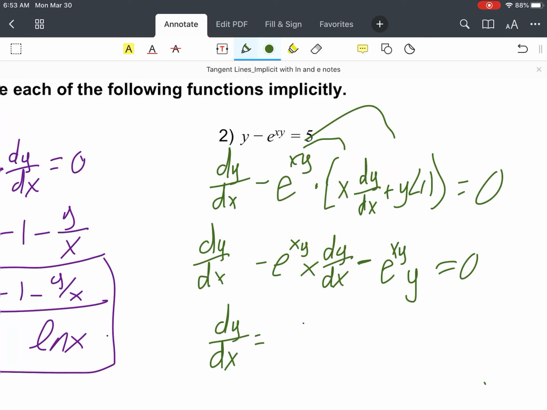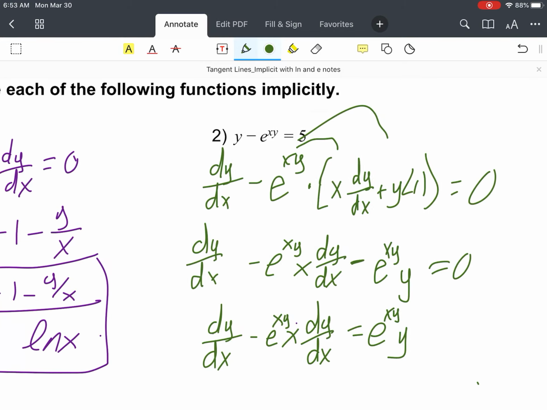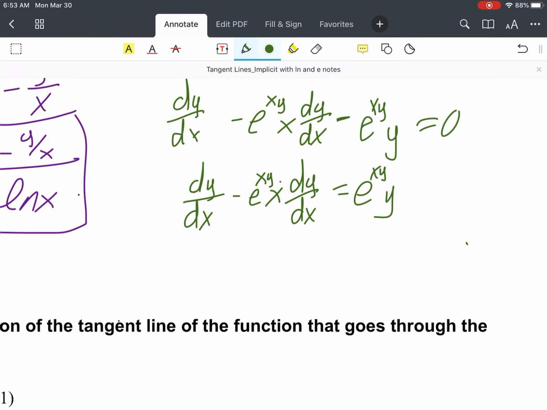So now I'm going to keep anything with the dy/dx on my left side, and send the other stuff to the other side.